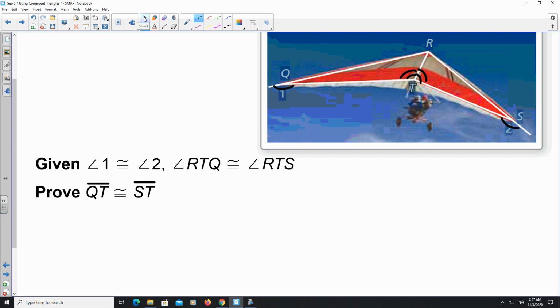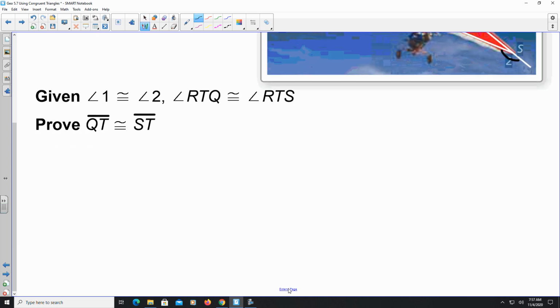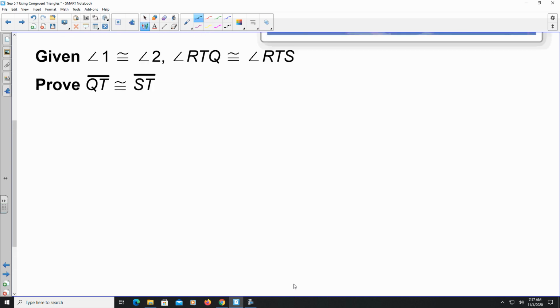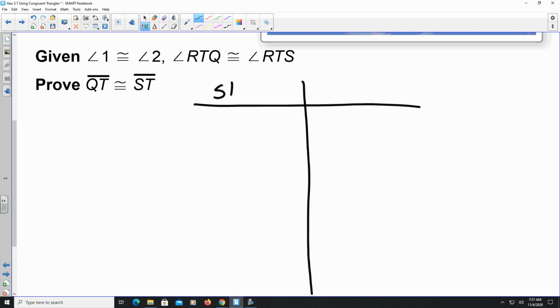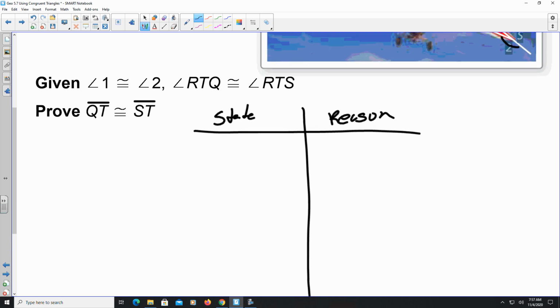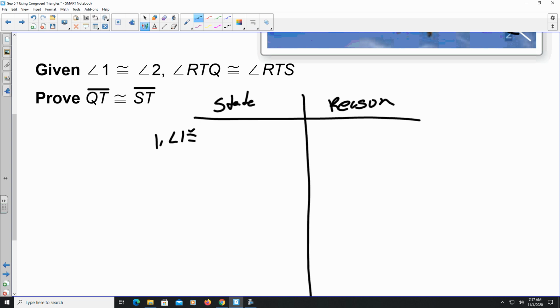So looking at this as a proof, I got my statements and I got my reasons. First thing we always do when we write our proof is we write our givens. So we say that angle 1 is congruent to angle 2. We can also say that angle RTQ is congruent to angle RTS. And that was given to us.